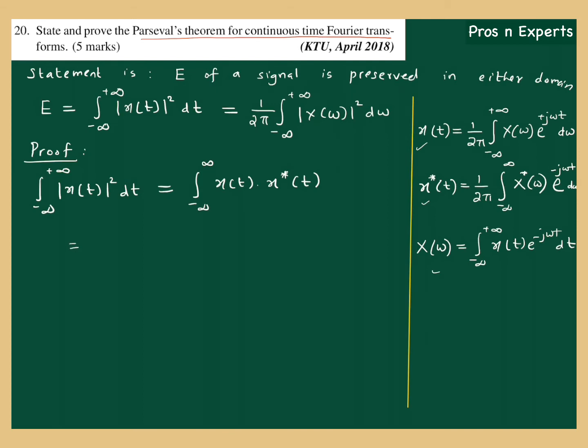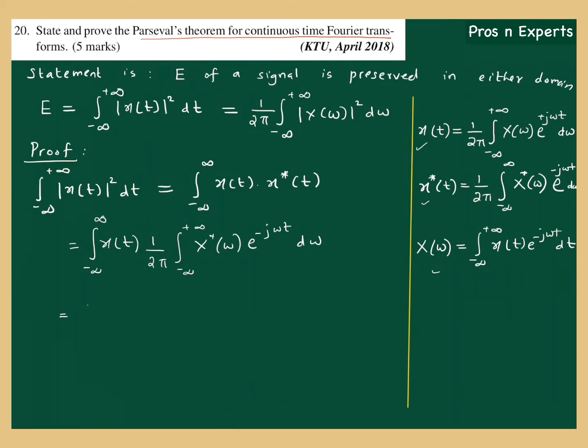Now that is equal to integral minus infinity to plus infinity x of t into, instead of x star of t, I am writing 1 by 2 pi integral minus infinity to plus infinity x star of omega into e raised to minus j omega t d omega.